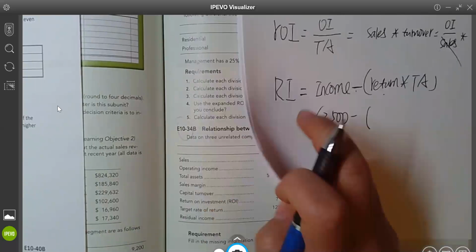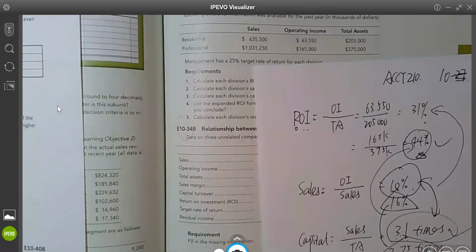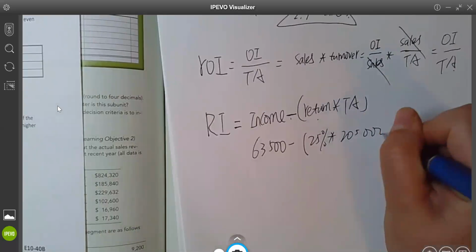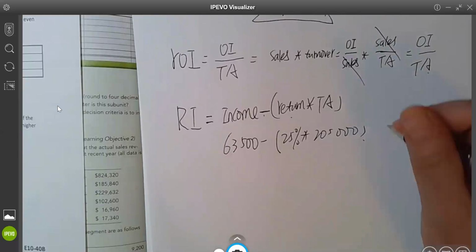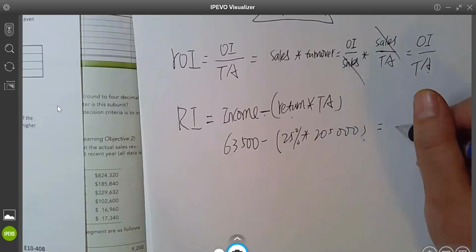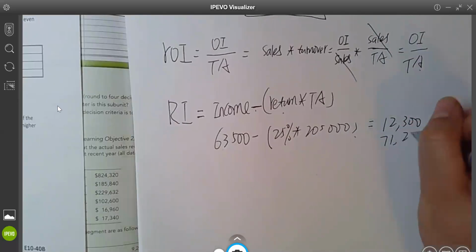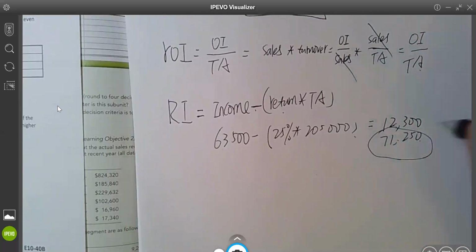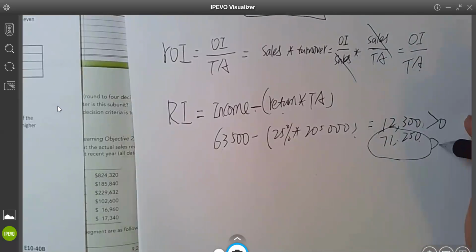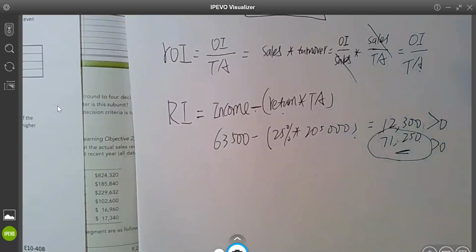We minus the required return, I remember it's 25%, times the investment, we use total assets 205,000. If you do the numbers, you will find the residential residual income is 12,300, and the professional is 71,250. So which one has more residual income? Professional, right? But they are both positive. That means they generated a higher income than the required one. So they are both doing fine, but professional does better.